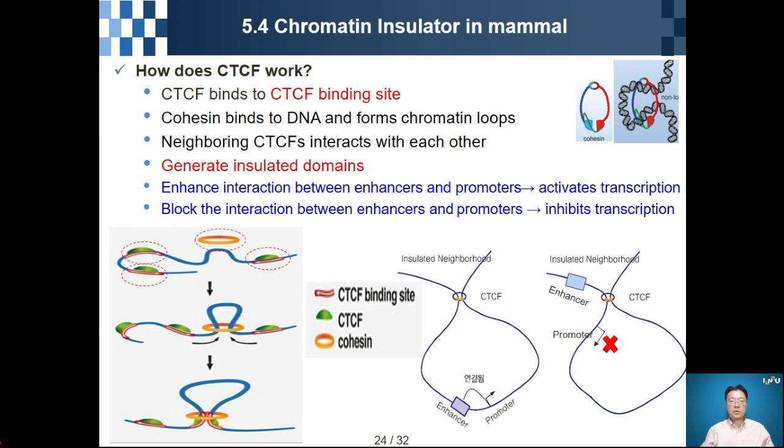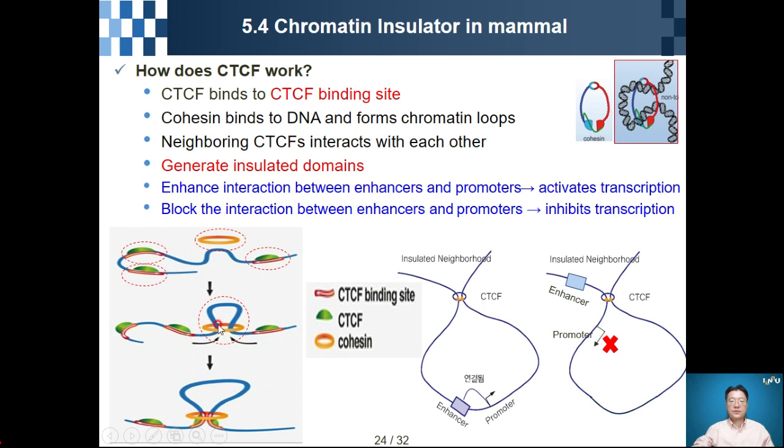After that, another protein, cohesin, also binds to DNA, and this is the actual structure of cohesin. The cohesin can bind to the DNA, and it forms a chromatin loop like this.